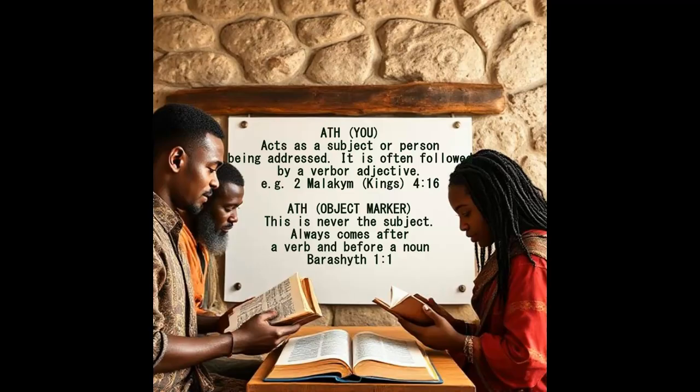It would read something like, and don't quote me, I'm just trying to remember, Barashith bara Elohim ath hashamim u'ath ha'aratz. So in the beginning, Elohim created the heavens and the earth. So in that particular verse, ath has no translation. It simply marks the thing receiving the action.